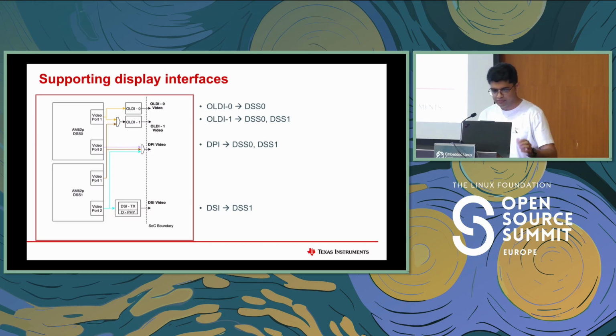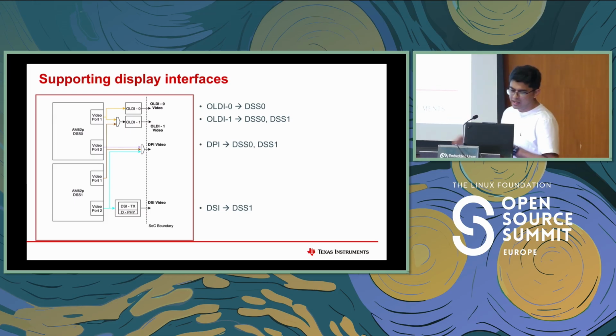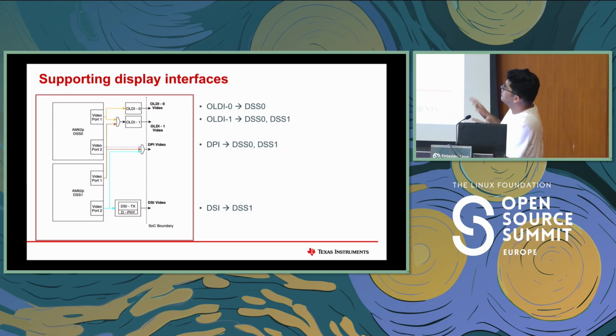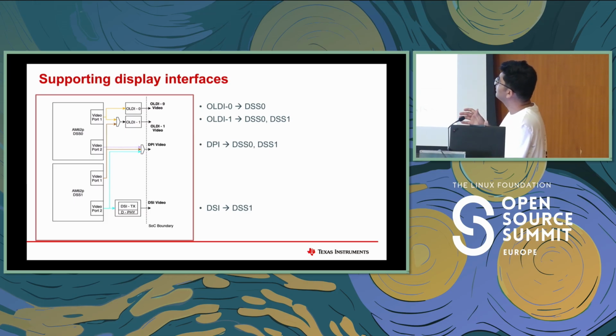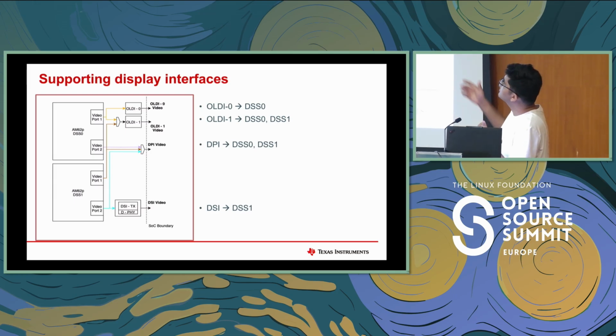Thanks, Devarsh. All right. So here is a slightly simplified diagram of the DSS that we want to support. Not only do we have shared interfaces like the OLDI up above, but we also have video ports that are supporting multiple interfaces in the second DSS.